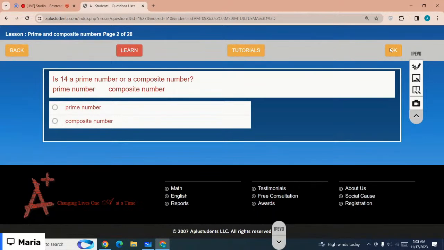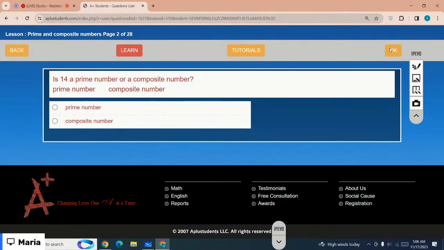Which is the correct option? 14 is a composite number because 2 times 7 makes 14, right? 1 times 14 is 14 and 2 times 7 makes 14.